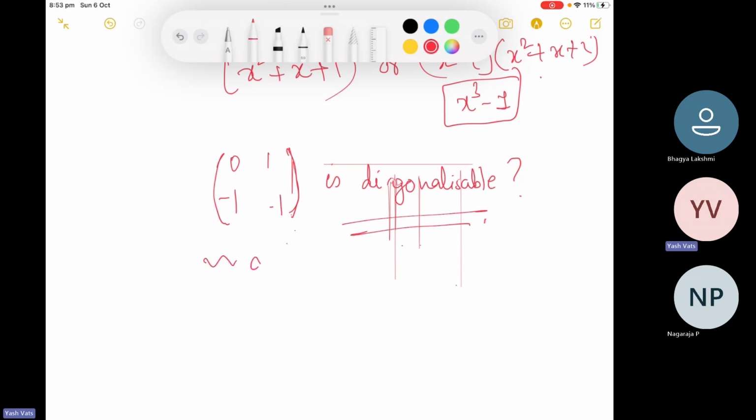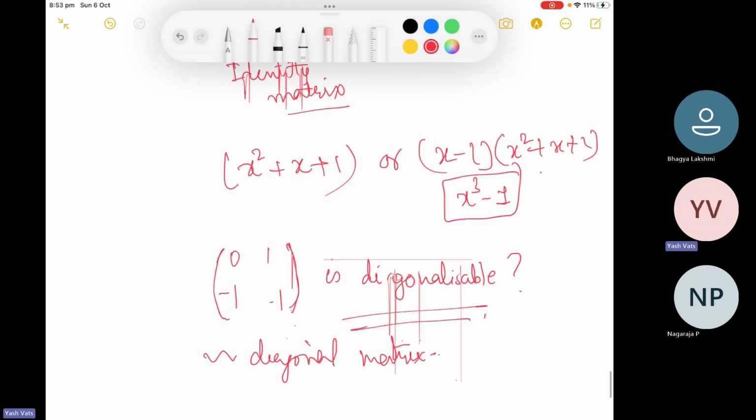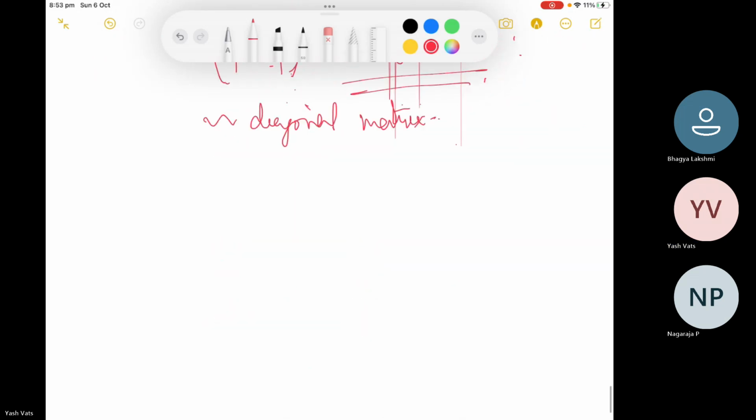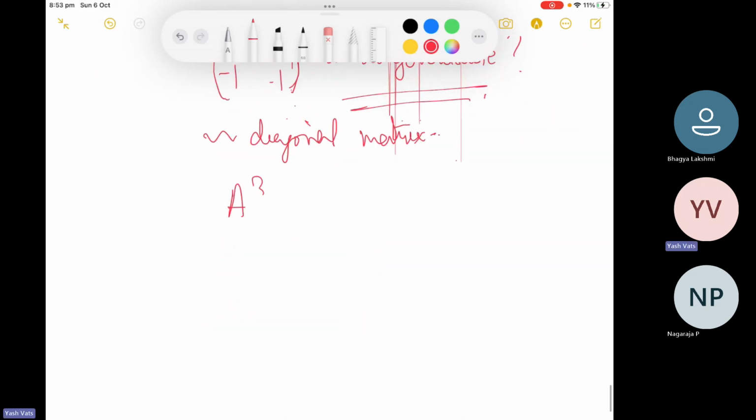It is not similar to a diagonal matrix because it is upper triangular. So you have to basically prove it, right? You are right. There does not exist such a matrix A such that A cube equals identity and A is non-diagonalizable.